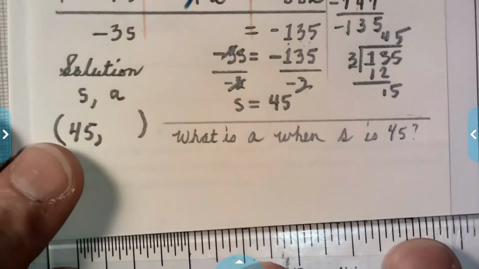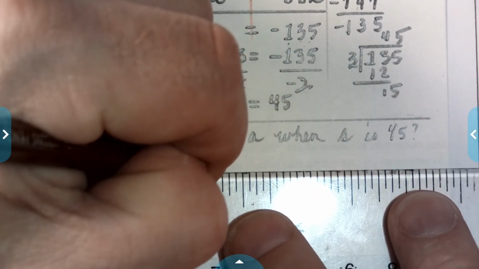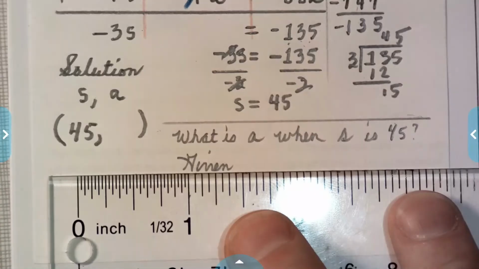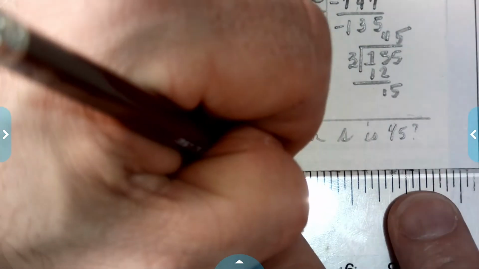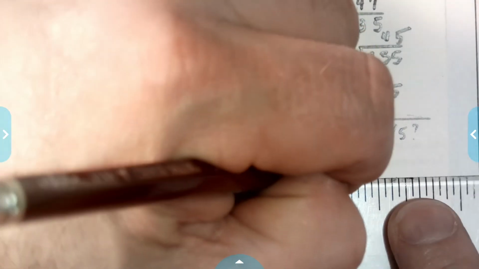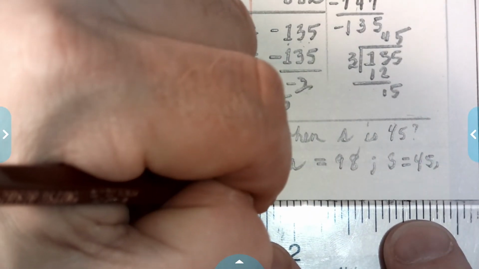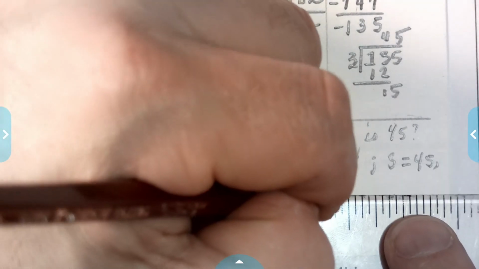Okay. Well, given S plus A equals 98, and S is 45, okay, then we could say 45 plus A equals 98.